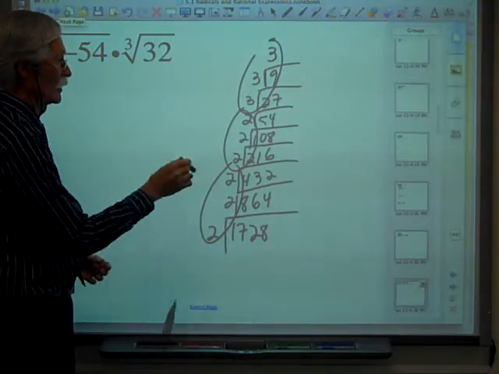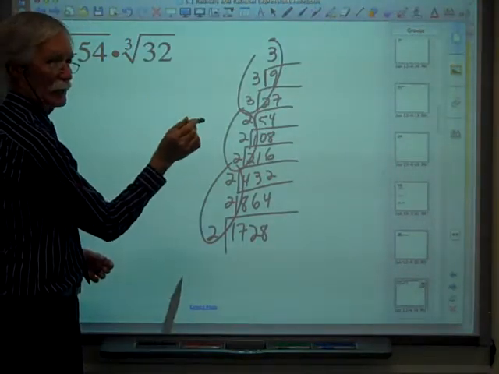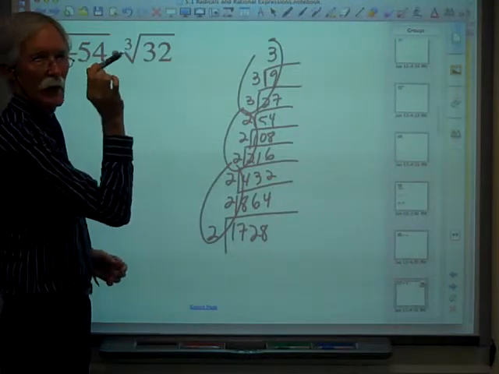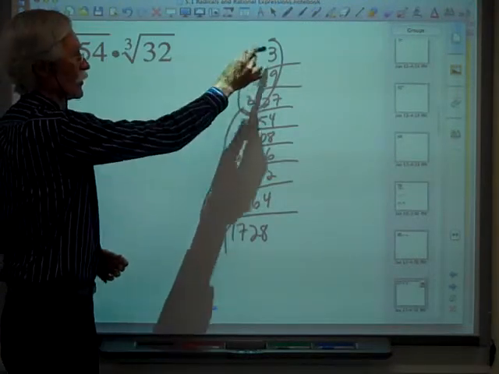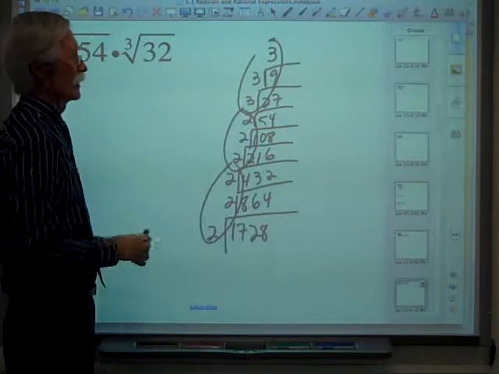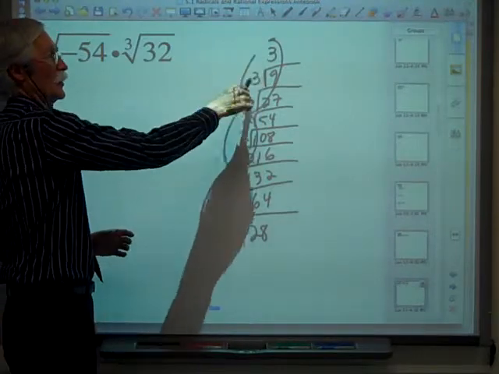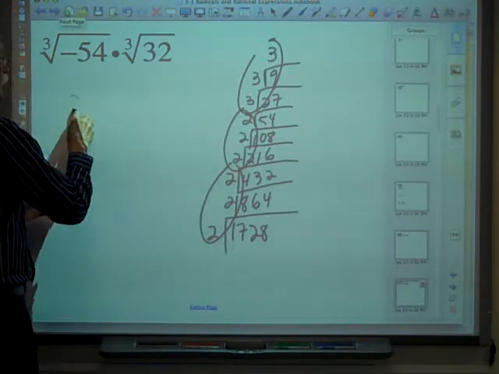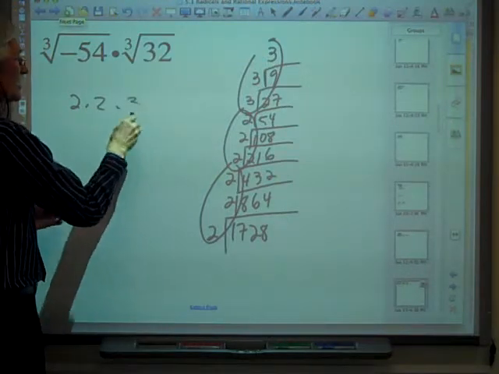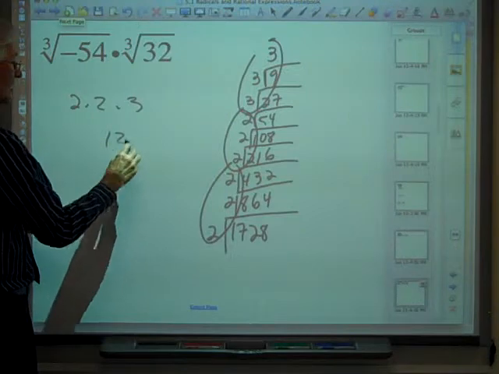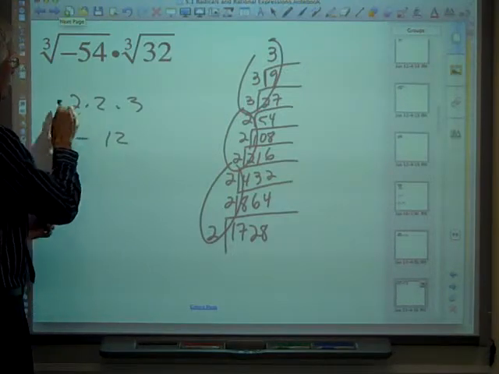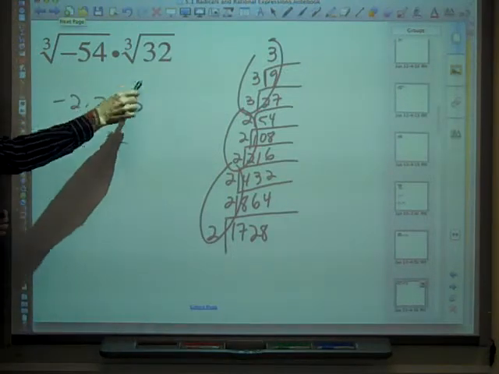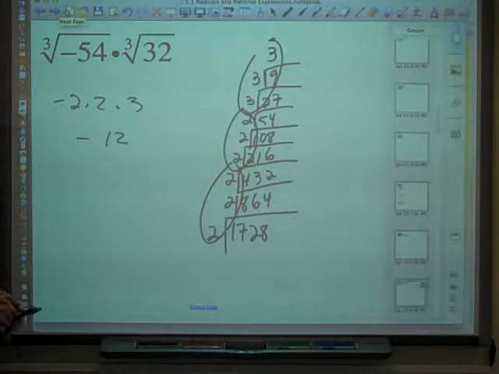It will be 2 times 2 times 3, 3, which equals... right? Because that's the cube root of 3 cubed, which is 3 times 2. And the cube root of a negative number is negative.